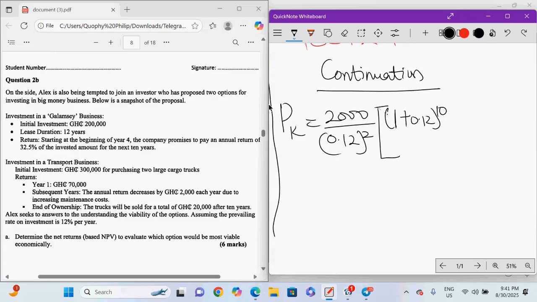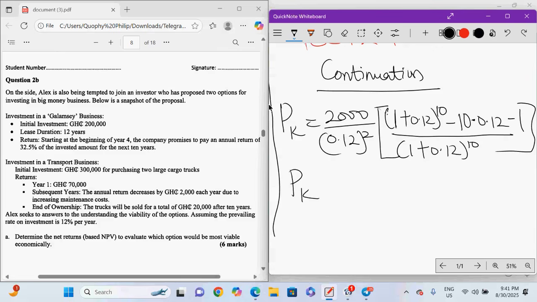The n is what? Is it 10 years? 10 years minus n. N is 10 years. Multiply the interest, which is 0.12, everything minus 1, all over 1 plus 0.12 exponent 10. What is the answer for the PK?